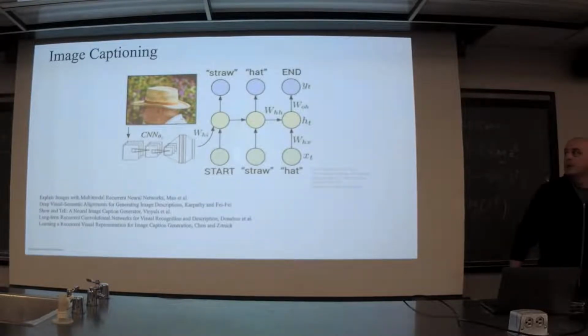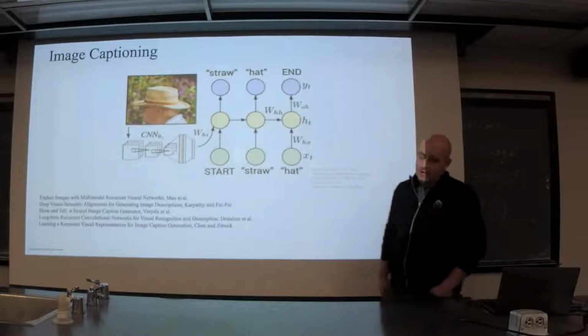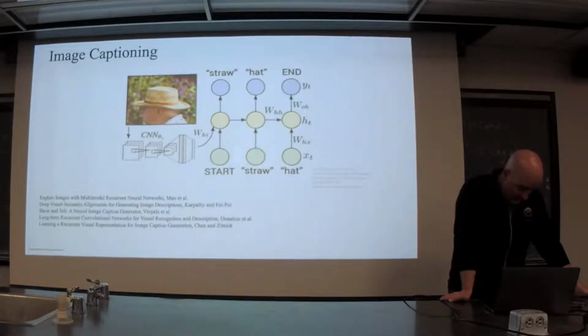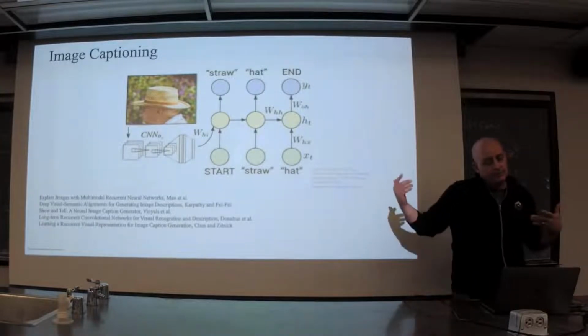Right. So it kind of depends on what you're doing. In this case, you can do either one. If your vocabulary starts to get very large, which for captioning it might, right?